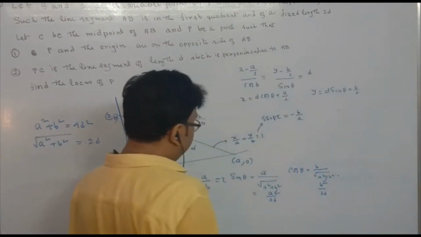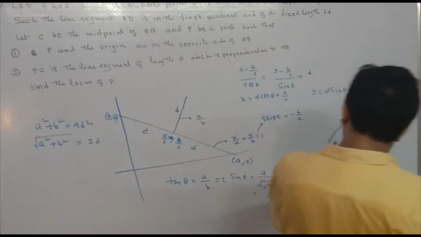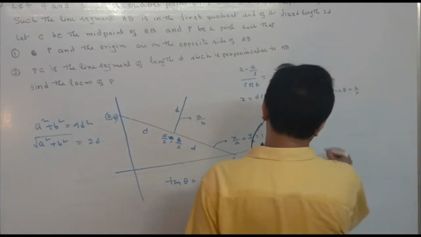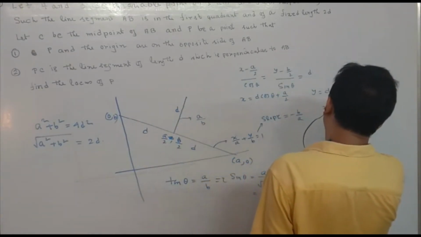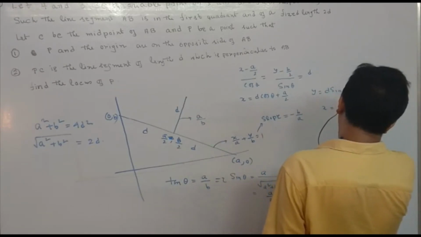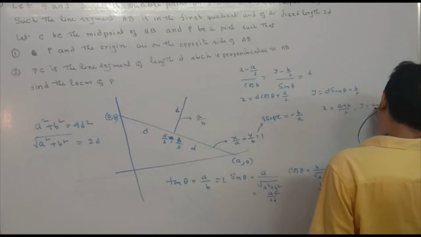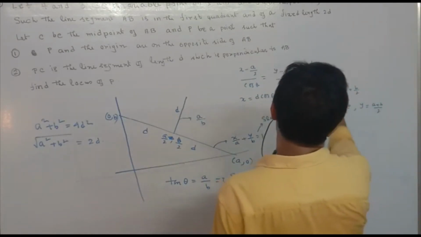Now, sin theta equals a by 2D and cos theta equals b by 2D. According to that, x equals a plus b by 2 and y equals a plus b by 2. So the locus is very clear, that is x equals y.